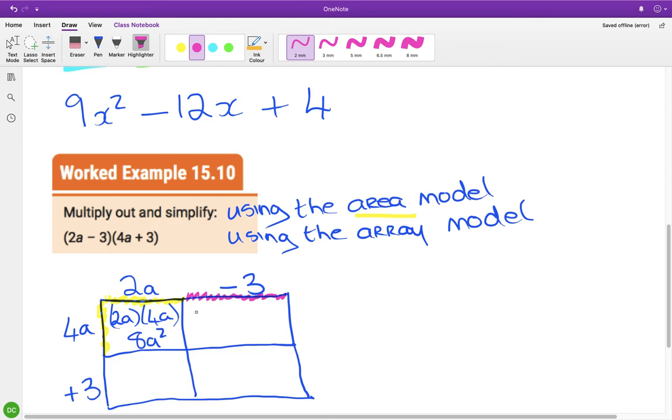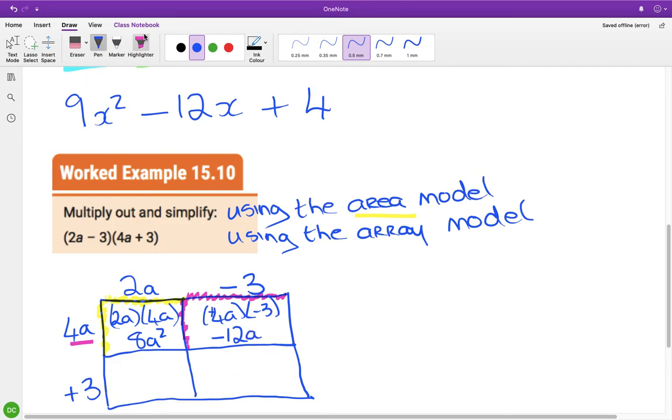It's going to be the minus 3. And the width is going to be here, which is your 4a. So to get this one, you're multiplying 4a by minus 3. So we have, this is a plus here. Signs are different, so minus 4 by 3 is 12, and then you have your a.